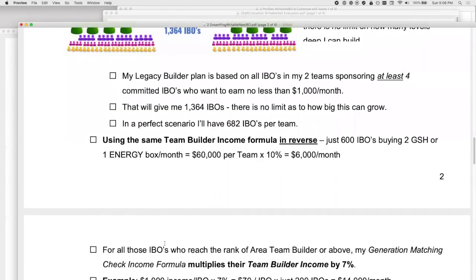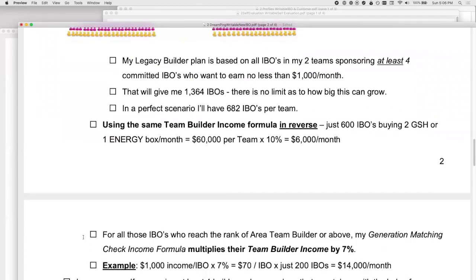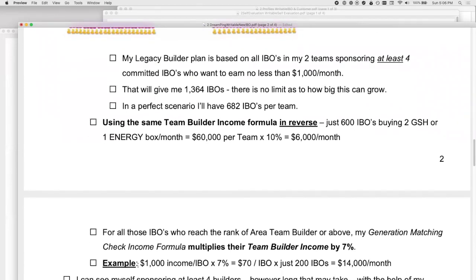Now, for all those IBOs who reach the rank of area team builder or above, you receive what's called the generation matching check income. That formula goes like this. It multiplies their team builder income by 7% for you. So an example, everybody's earning $1,000, right? So $1,000 of team builder income.